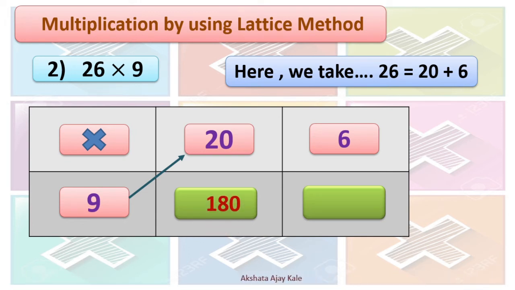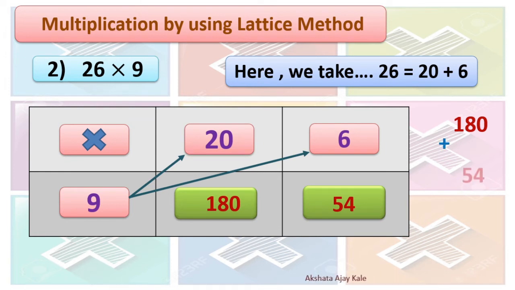Correct? Am I fast? Now 9 sixes are 54. Isn't it? So the answer we will get after addition. Correct? So that is 180 plus 54.